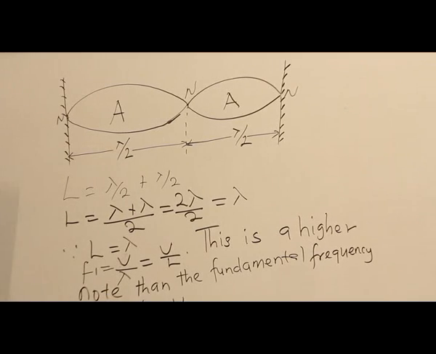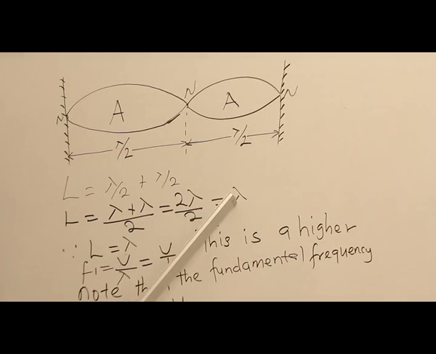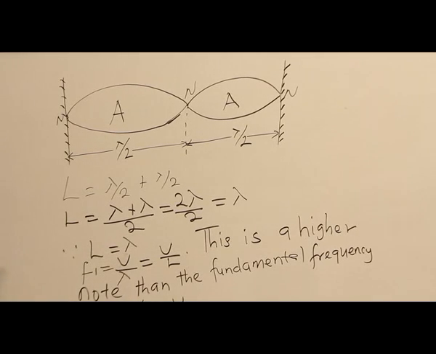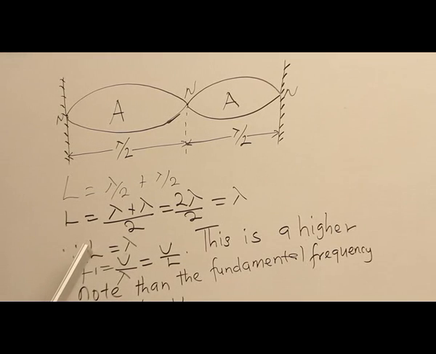We sum these two together to have a complete length. So we have lambda over 2 plus lambda over 2. Working it out, we have lambda as our result. Therefore, length is equal to lambda. The first overtone or harmonic obtained here is given as V over lambda, which is also V over L, because L equals lambda. So we can replace lambda here with L.